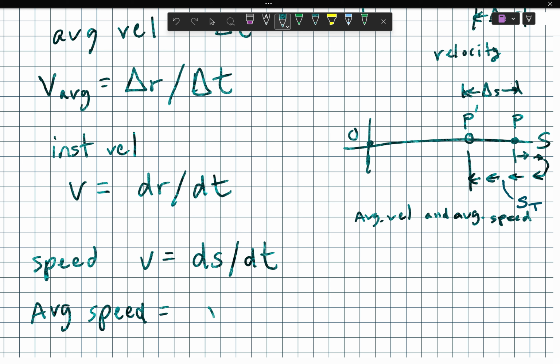So we can say v sub sp average is equal to s sub t divided by delta t, the total distance traveled divided by elapsed time.